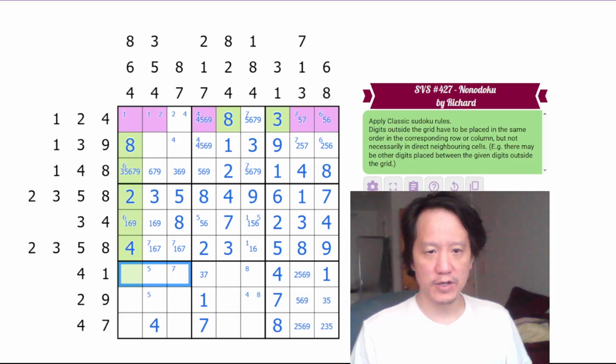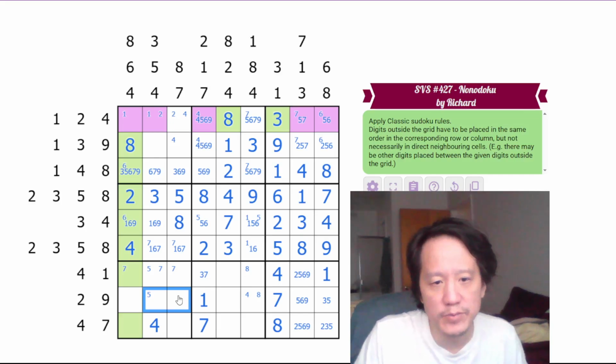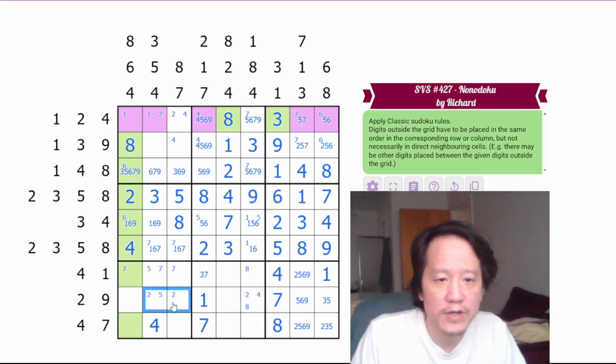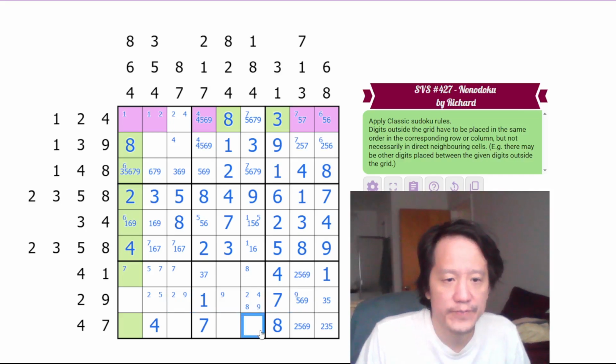Seven could technically be any of these three. So 4, 7 is done. 2, 9 is not really done. 2 in row 8 can be any of these three. So that means 9 could be any of these digits.